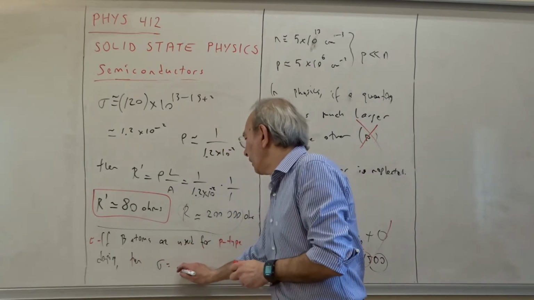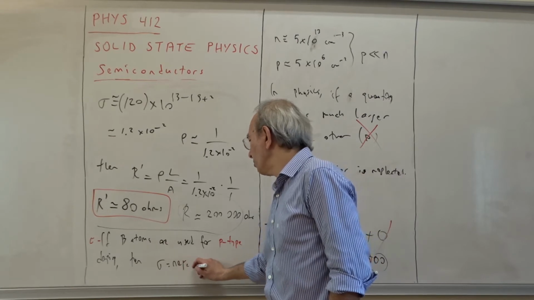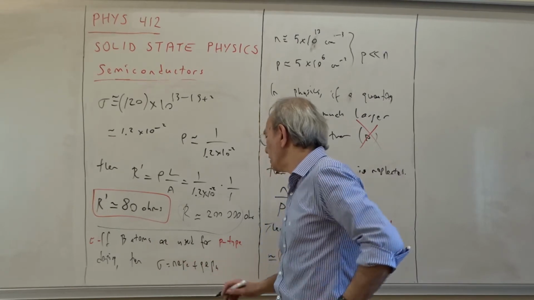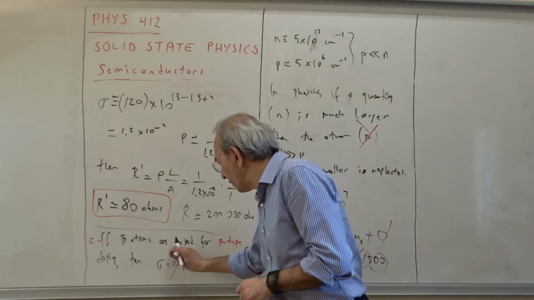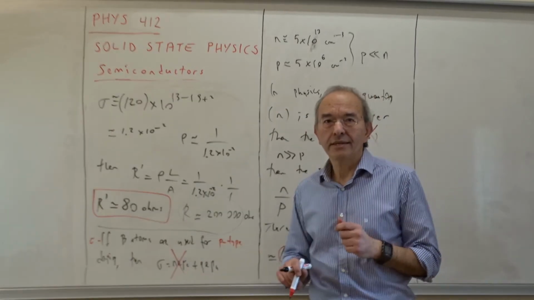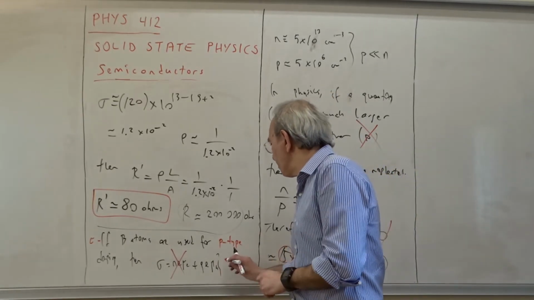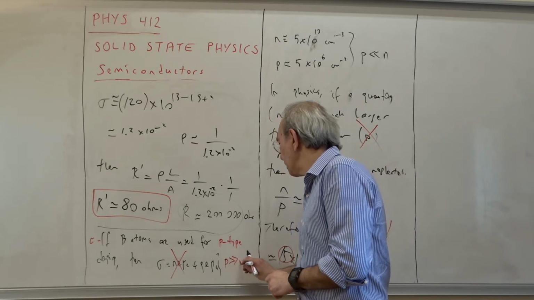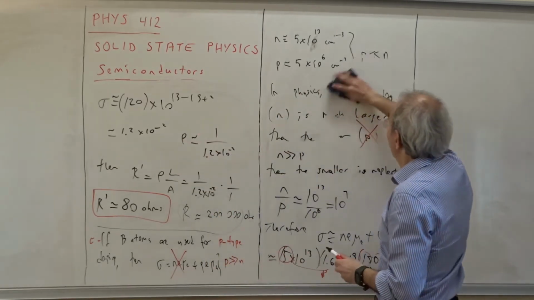Sigma will be, in this case, N e mu E plus P e mu H. This is the equation, but this time, first part is neglected totally, because now P is much greater than N. Alright? P is much greater than N.